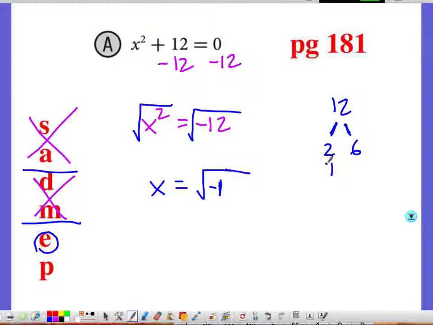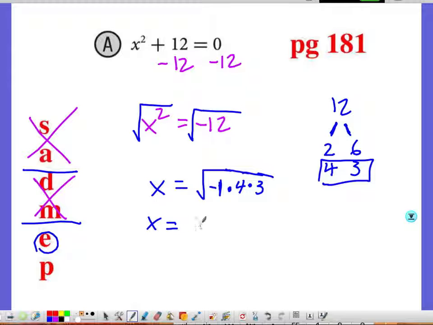What about 4 and 3? 4 is a perfect square, so I want to use these two factors. And so negative 12 now becomes negative 1 times 4 times 3. So as you can see, I have 3 different factors inside, and when I multiply them together, negative 1 times 4 times 3 gives me back the square root of negative 12.